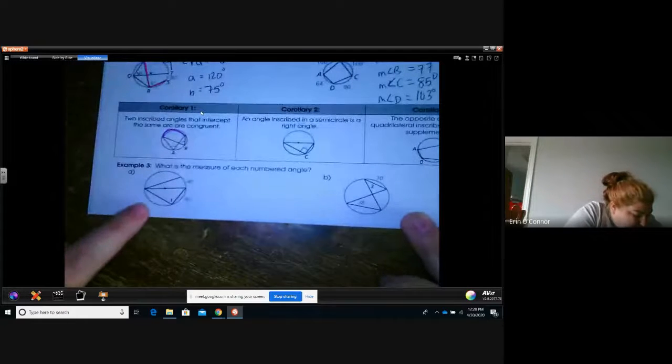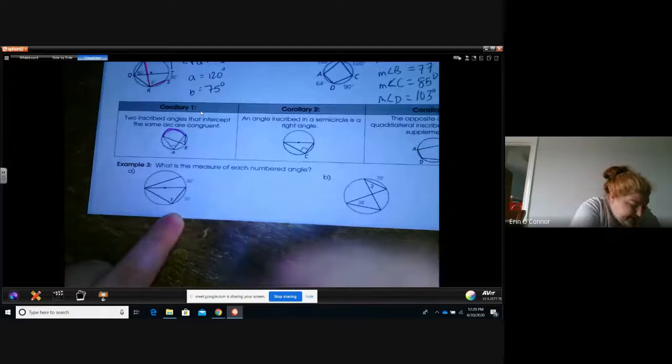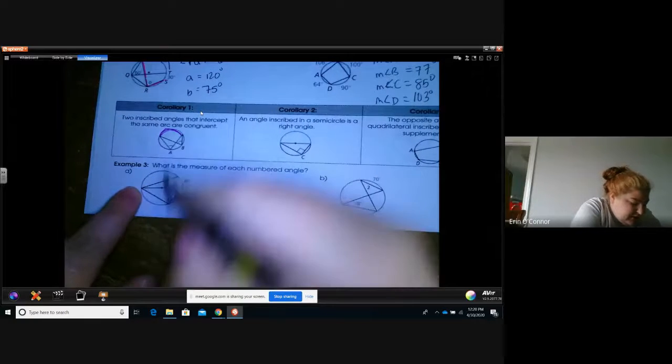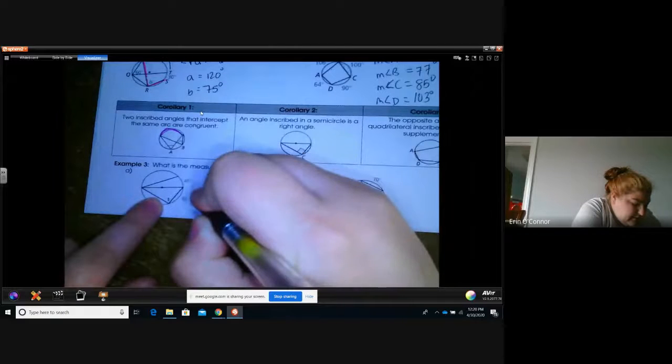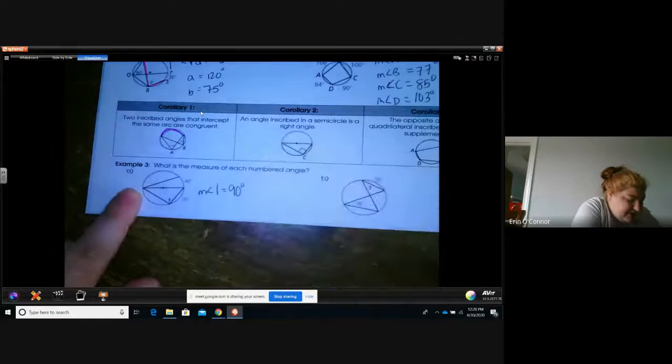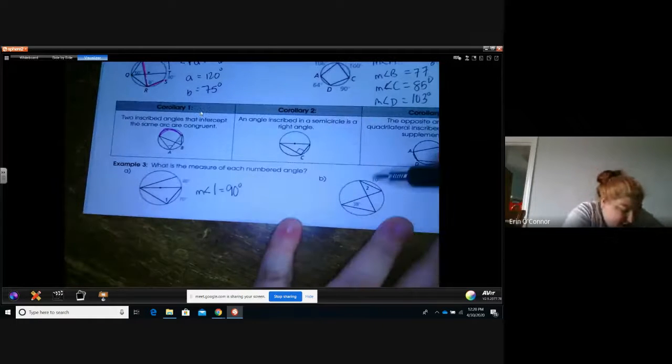So what is the measure of each numbered angle? So this right here is 1, and it's cut off. It's a semicircle. So 1 would be, since it's a semicircle, half of 180 is 90 degrees. All right, 2 is right here.